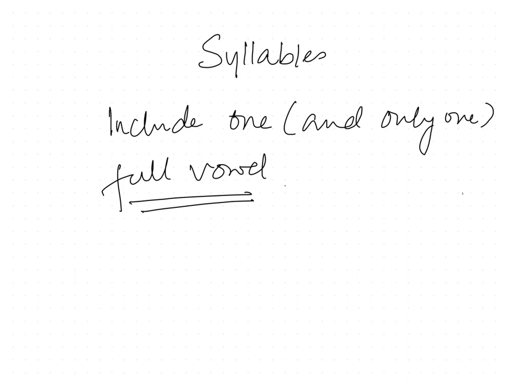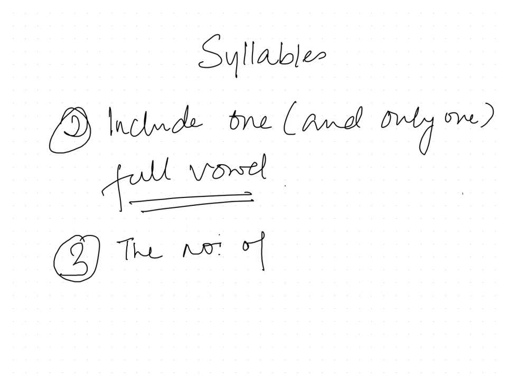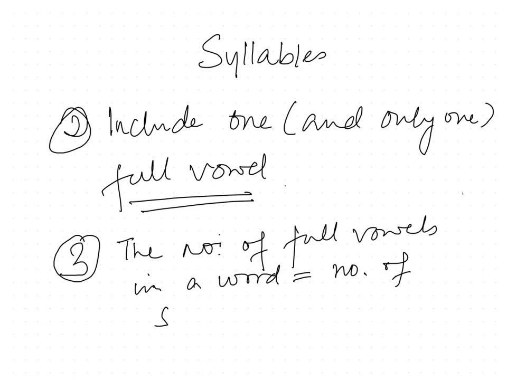Okay? Next. This is point number 2. The number of full vowels in a word is equal to the number of syllables.